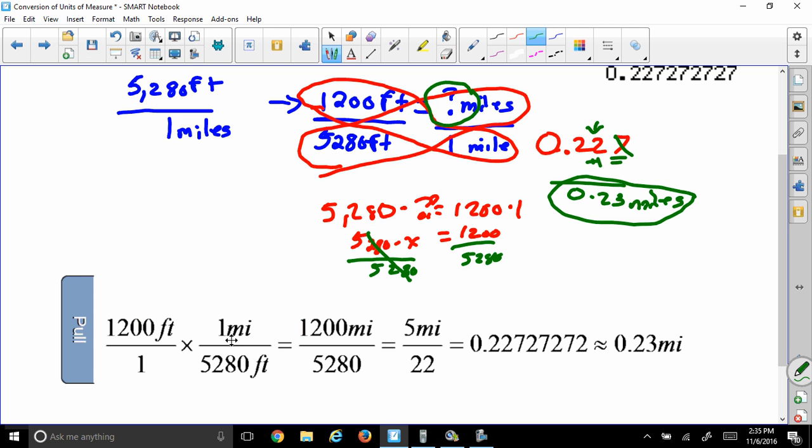So this way, you end up doing it another way. But I kind of like this method as well because it's proportional reasoning. So, and we ended up with a fraction 5 over 22 when we simplified, and they gave us 0.2272 repeating, and that's approximately 0.23 miles. So that was a cute one.